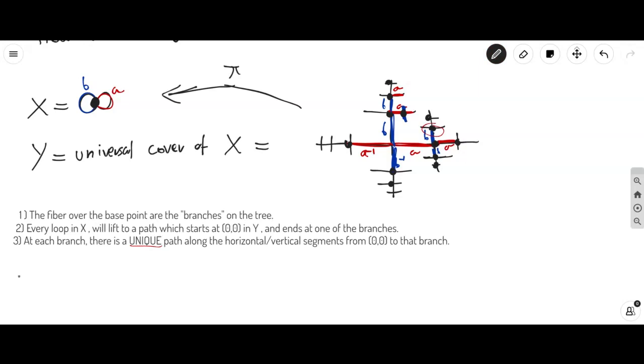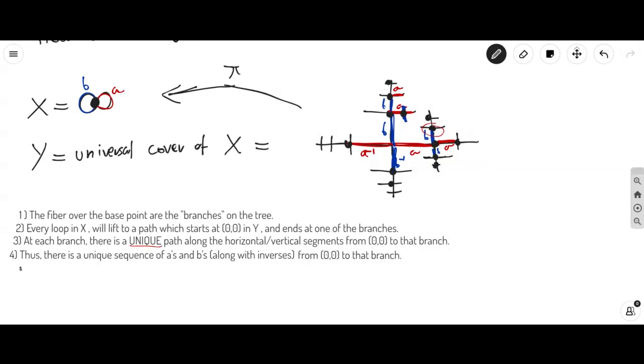And so what follows from here is the sequence. So thus, there is a unique sequence of A's and B's along with inverses, because sometimes you go in the opposite direction. It's possible, for instance, that the branch is not over here, but maybe down there, and then you have to travel in some negative directions as well. But there's a unique sequence of A's and B's from 0, 0 to that branch.